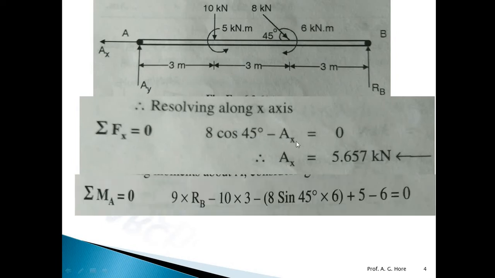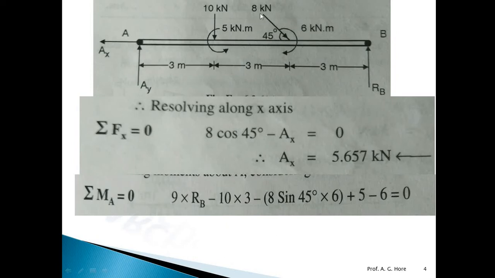Secondly, apply the moment equation about point A. AX and AY pass through A, so both forces' moments are 0.